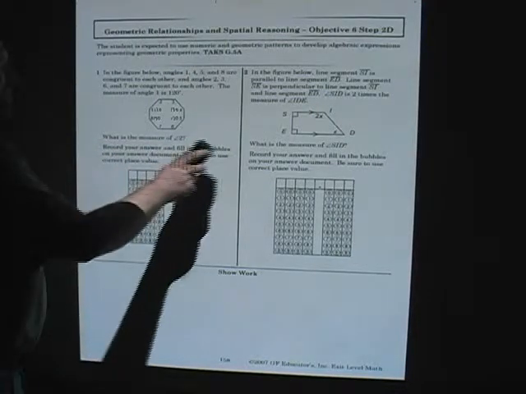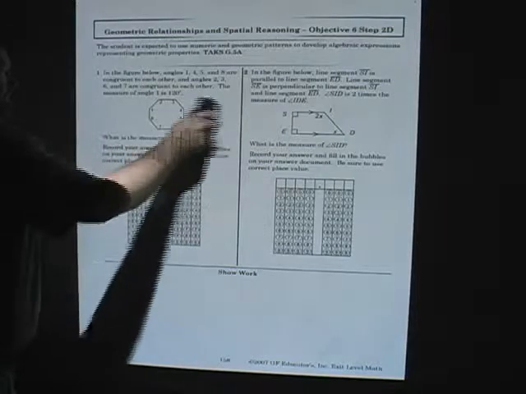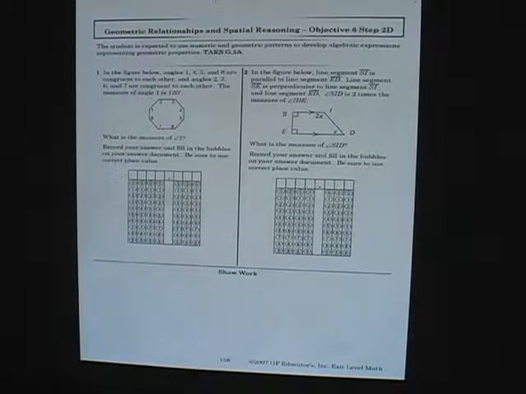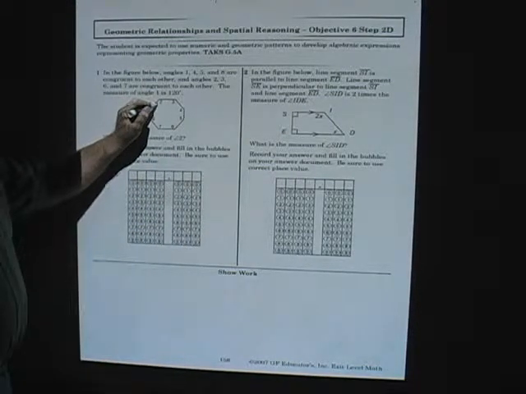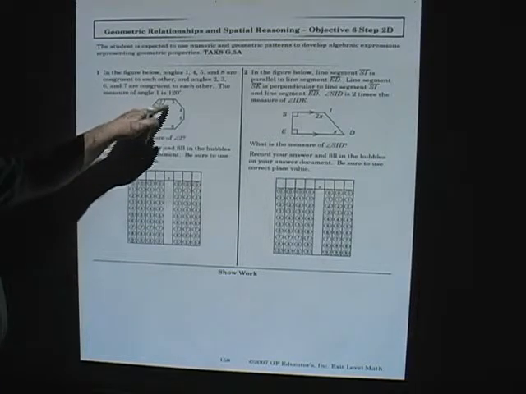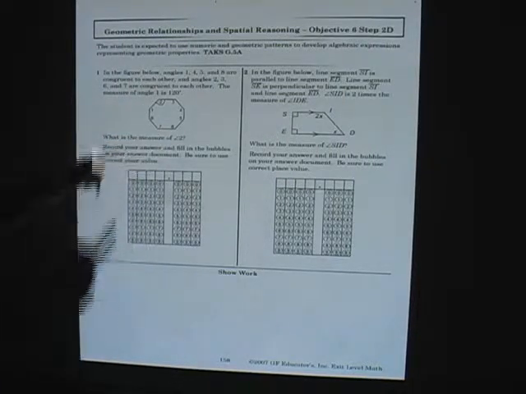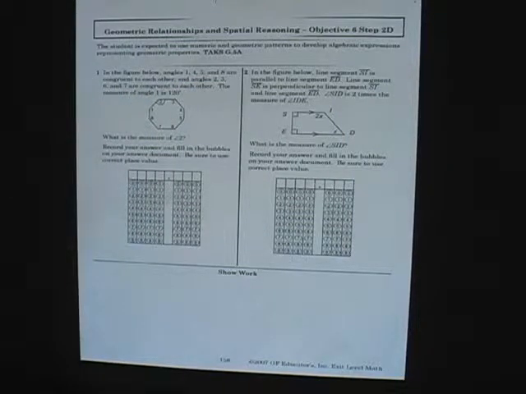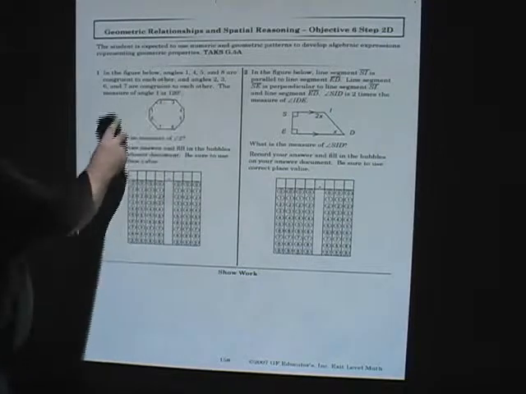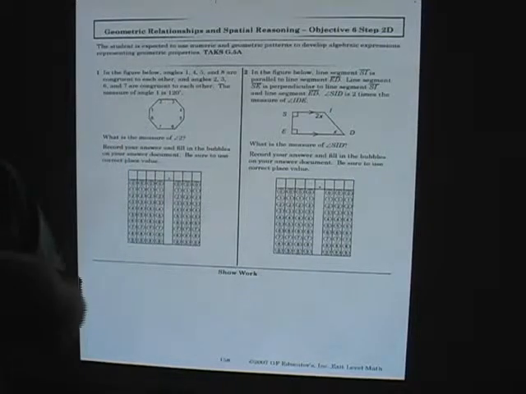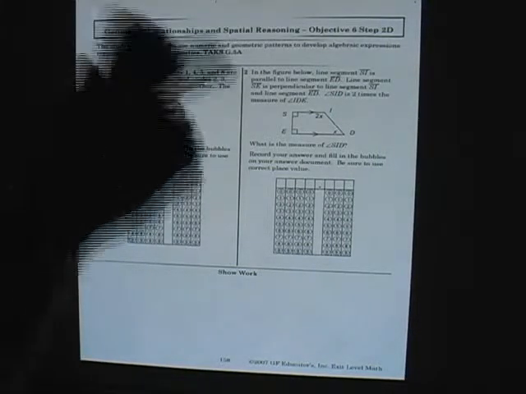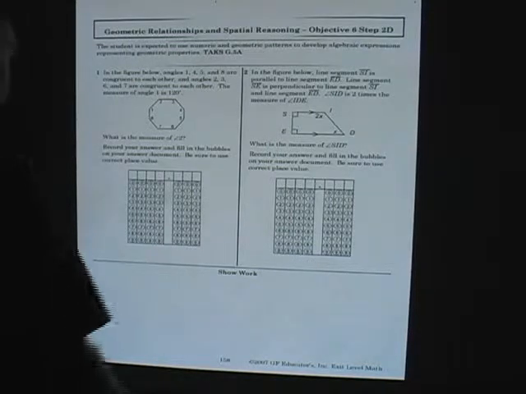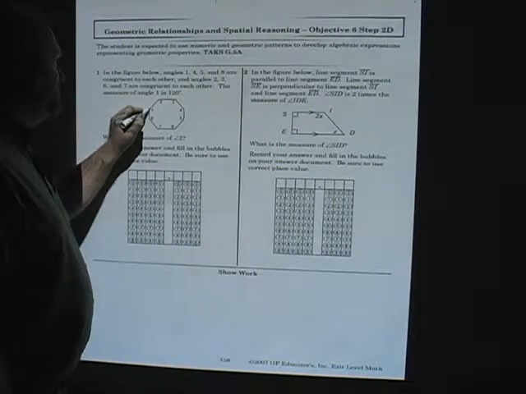I'm going to go ahead and erase this. We need to find angle 2. And we know 2, 3, 6, and 7 are all congruent. They tell us right here. What we need to know is how many degrees are in this entire figure. So we can draw our triangles.